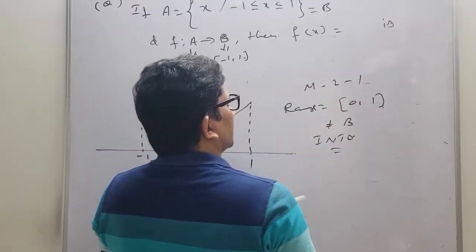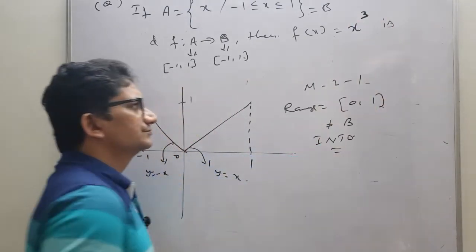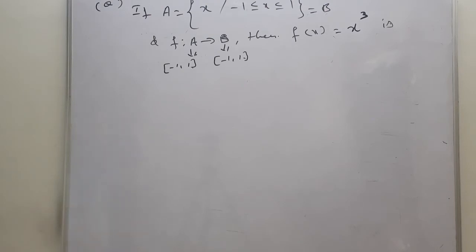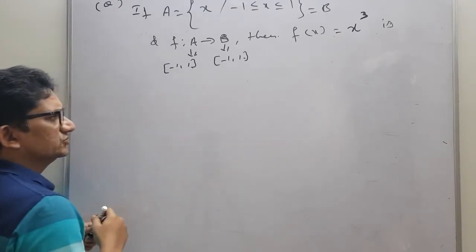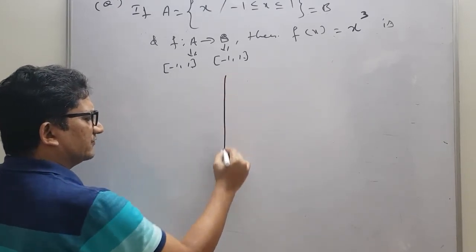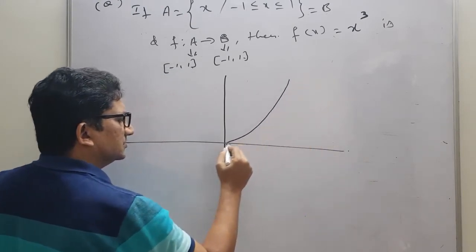Now I want to take f of x as x cube. We will check whether it is 1-1 and onto or into. Here the curve is f of x equals x cube. We know the graph of x cube, it passes through the origin, something like this.